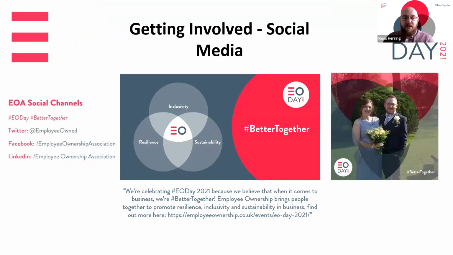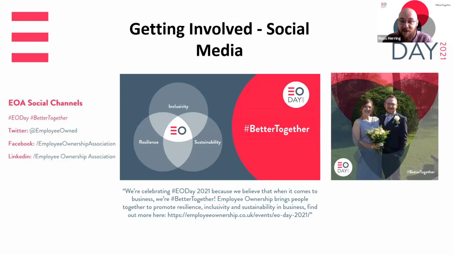So in terms of getting involved on social media, one of our big asks, along with showing the EO circles off, is we want to do what's called a thunderclap on social media. So on EO Day, at 1 p.m., we want everybody to either tweet or post, or whatever your social media platform of choice's term for it is, this image here, the central one, with the tweet, which is exactly the right size for a tweet.